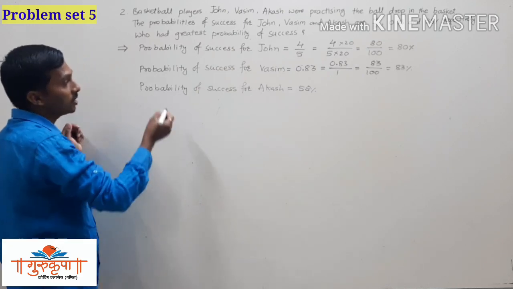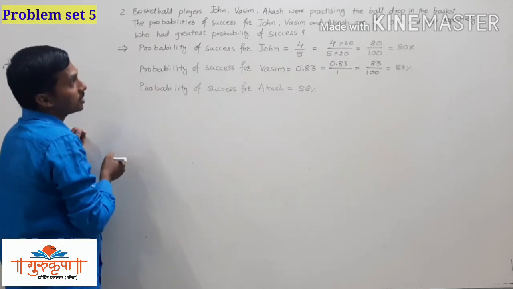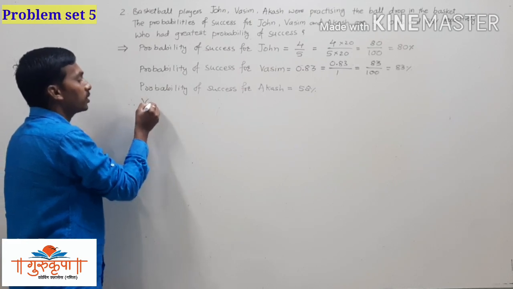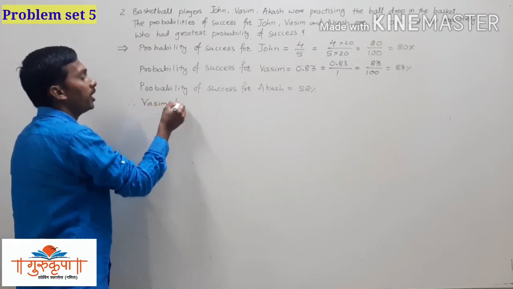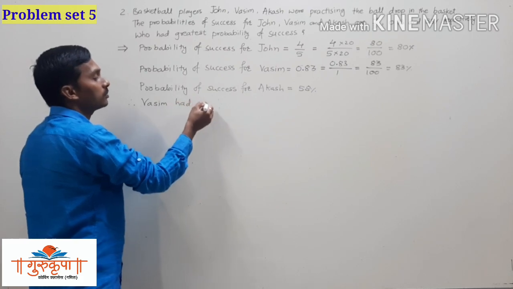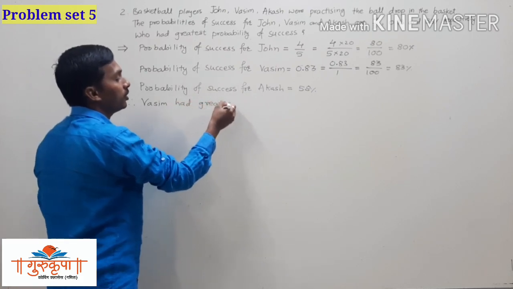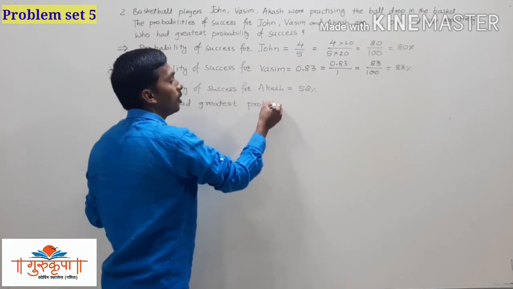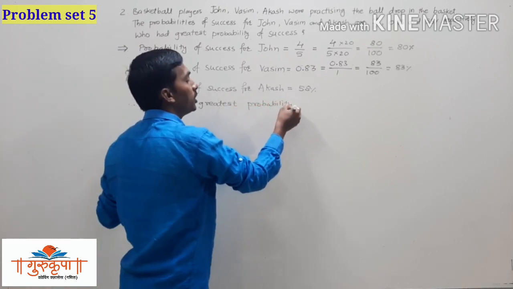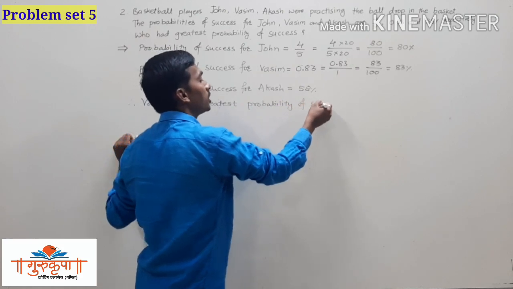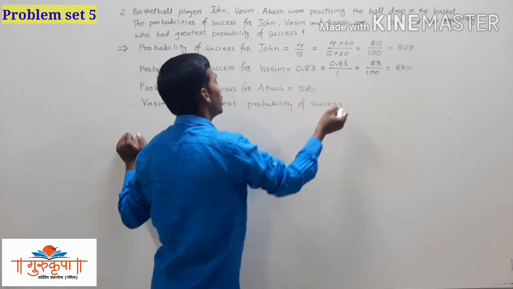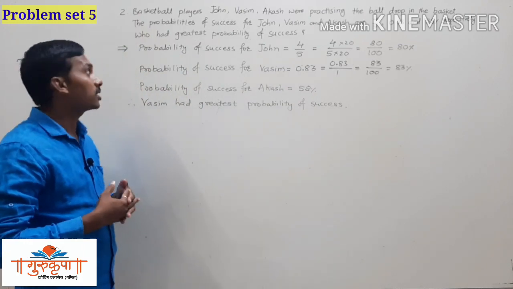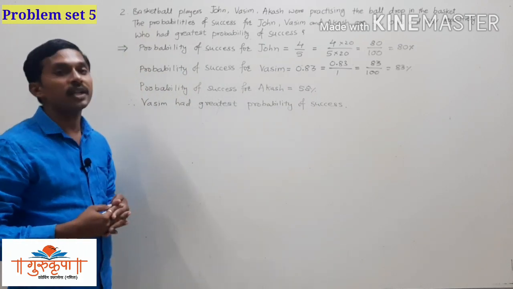The answer is that Wasim had the greatest probability of success. We converted all the probabilities into percentage and we easily get the answer that Wasim had the greatest probability of success. So this is all about the second example.